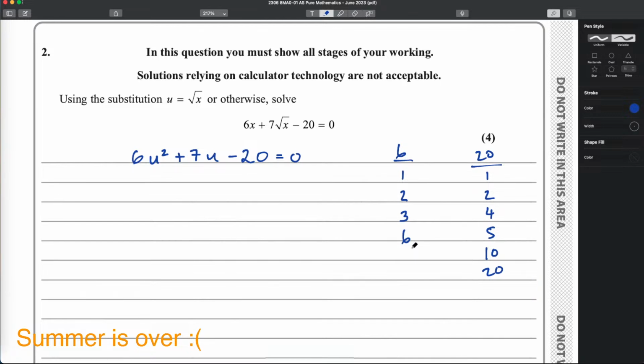Okay, I'm trying to get my brain switched on. It's not working at the moment. Just trying to warm up. Can I factorize this quadratic? Factors of 20 and 6.